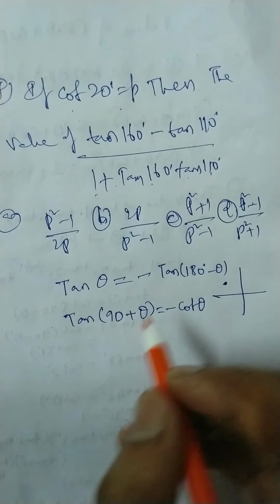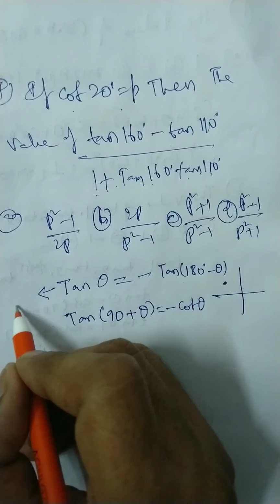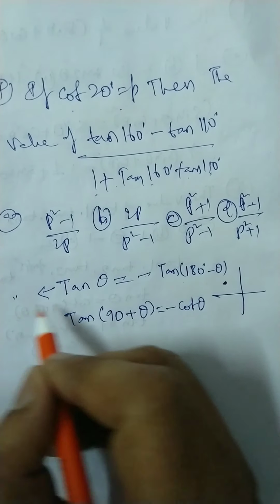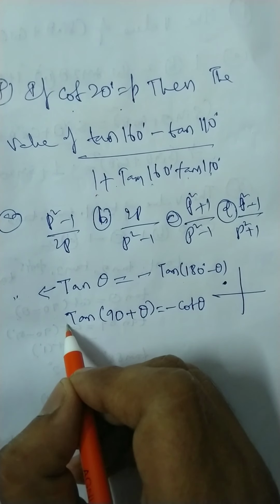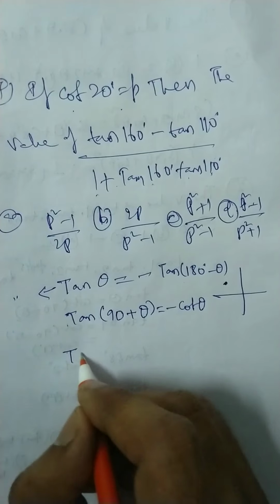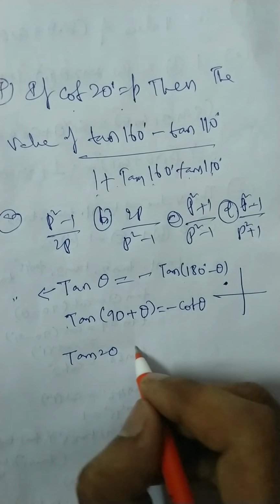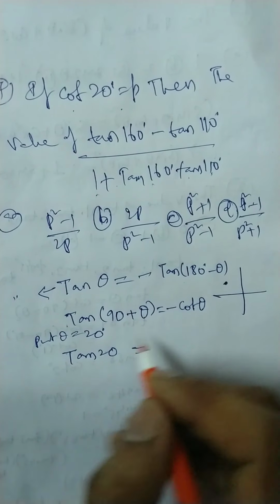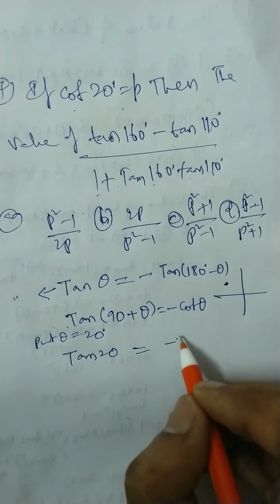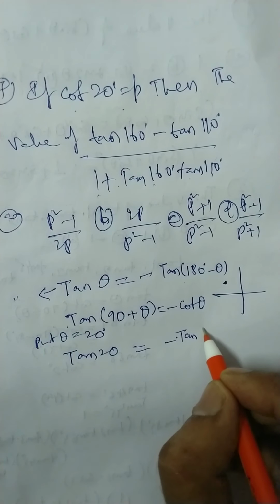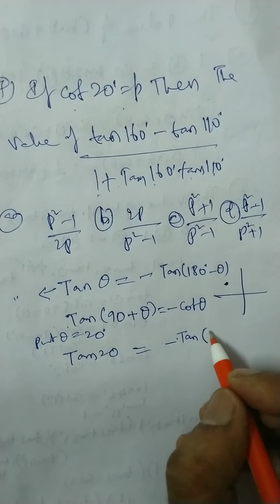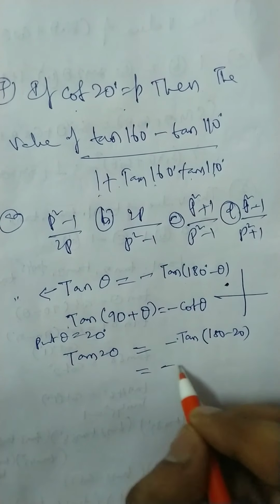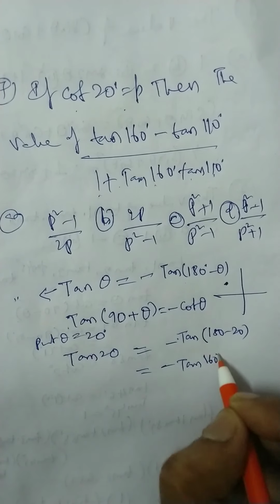Once we substitute theta value 20 in the relation, you can see that tan 20 is equal to minus tan of (180 minus 20), that is, minus tan of 160 degrees.